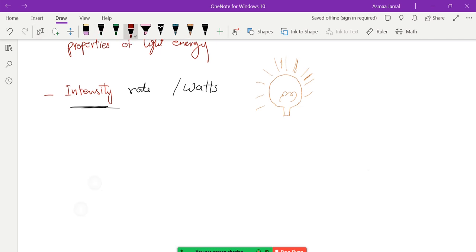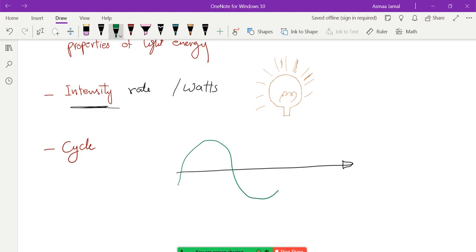The other one is the cycle. This is the direction of movement for the wave, and those are the waves. In the wave, we have the peak, which is the top of the wave, and the trough, which is the bottom of the wave.